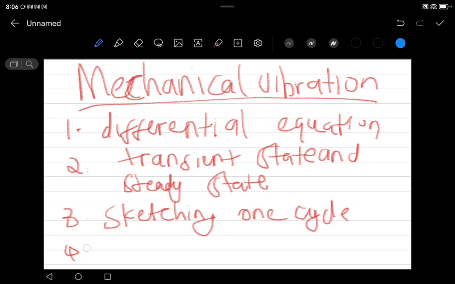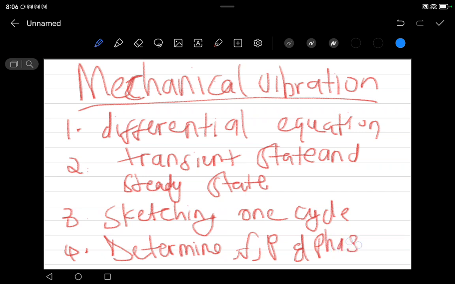And then number 4, we're also going to learn how to determine frequency, period, and phase angle. So you're going to learn how to differentiate the equation, to get the steady state, to sketch one circle, and also to determine frequency, period, and phase angle.